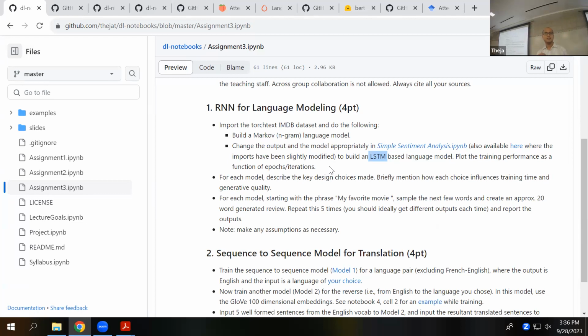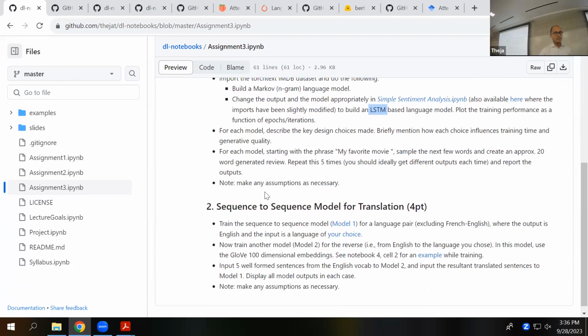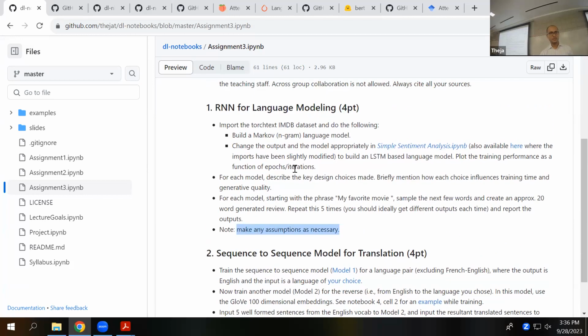Here we are not doing that. So the challenge would be the weight matrices from some dimension to vocabulary size. Those would be the bigger matrices to worry about. It says make any assumptions necessary, so make it simple for you, and make those assumptions as needed to get the LSTM-based one running.